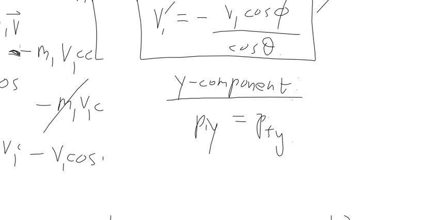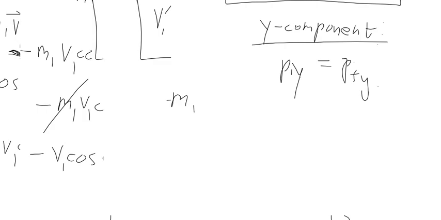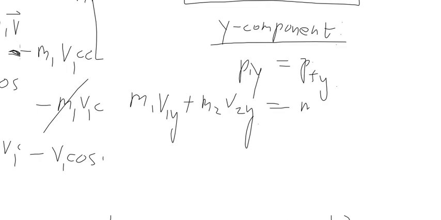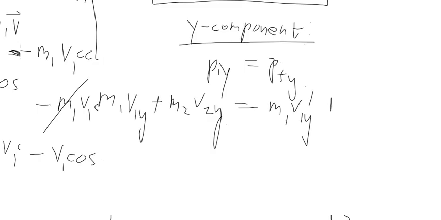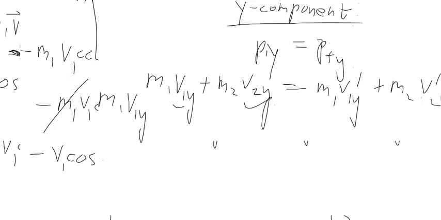Momentum is never lost. Going back to the diagram and writing out our equation, this would be m1 v1y plus m2 v2y equals m1 v1y prime, the velocity after in the y direction for car 1, plus m2 v2y prime, the velocity after in the y direction for car 2. Now replace what v1y is.